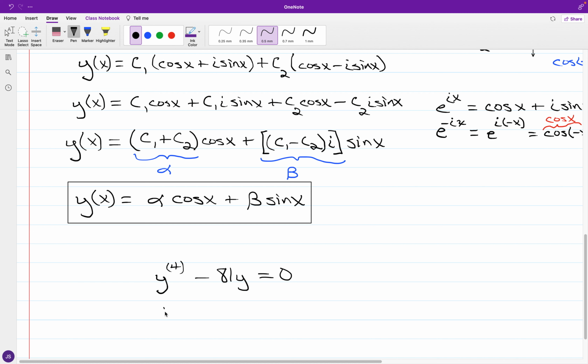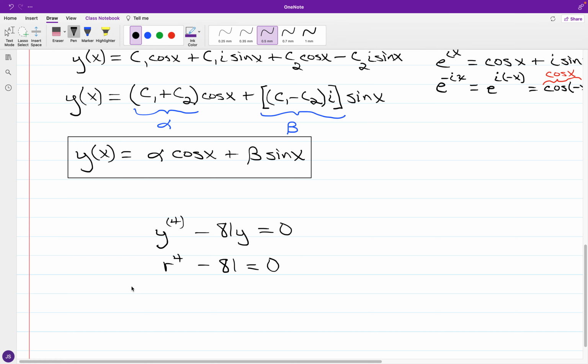If I put this in terms of the characteristic root equation, r to the fourth minus 81, you can say we have r squared minus 9 times the quantity r squared plus 9 is equal to 0. And the difference of squares I can factor.